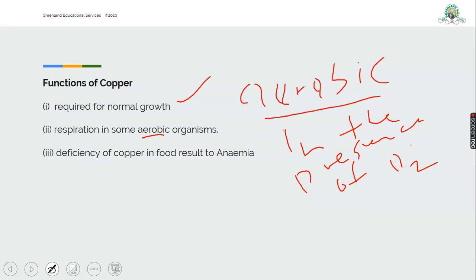Now, this means that during aerobic respiration, oxygen must be present to produce carbon dioxide, water, and energy.